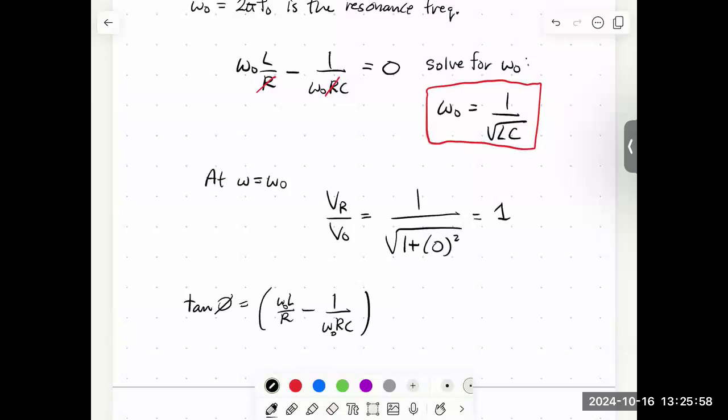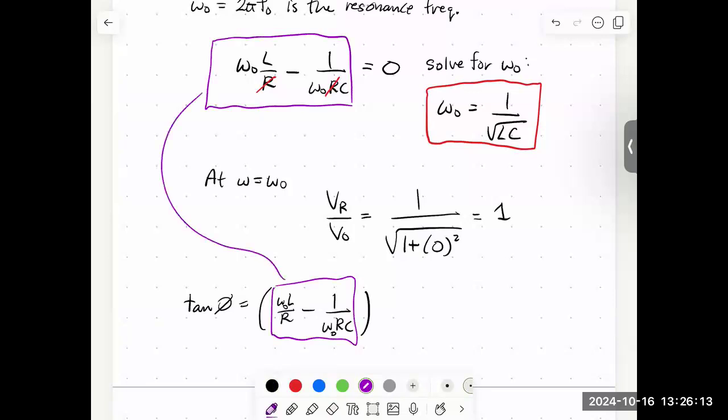And so what does this have to be? 0. We just said it has to be 0, right? It's right there. And so if that has to be 0, right, these things are the same. So this is equal to 0. And if we go look at our plot of tan phi, it is 0 when phi is equal to 0. And so that means that phi is equal to 0 when omega equals omega naught.